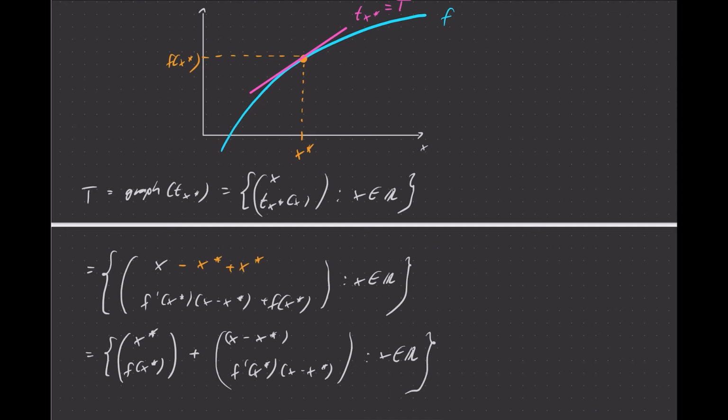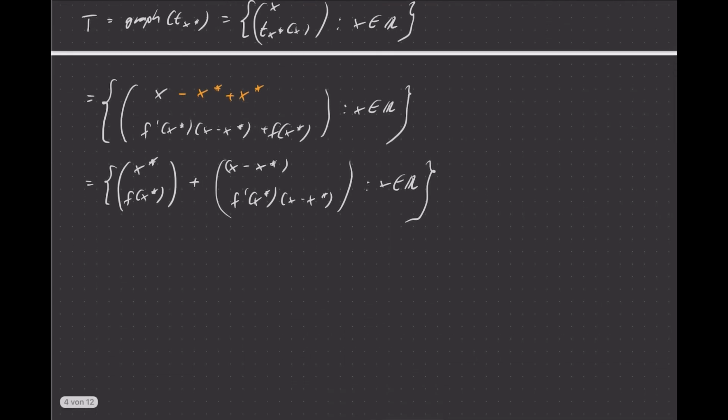So what do we get? Well, as you can see, we can factor out x minus x star here. And of course, as x varies throughout the reals, x minus x star also varies throughout the reals.